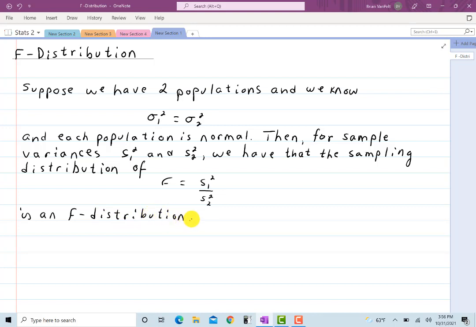And for this, we're going to be looking at the numerator and denominator of that fraction. So we will use dfn is the degrees of freedom in the numerator.